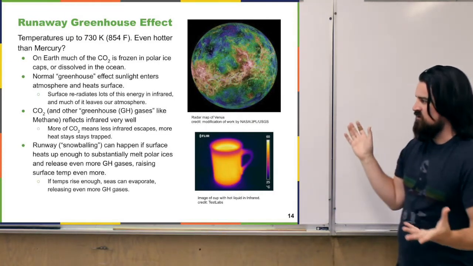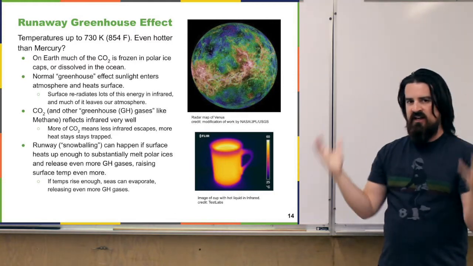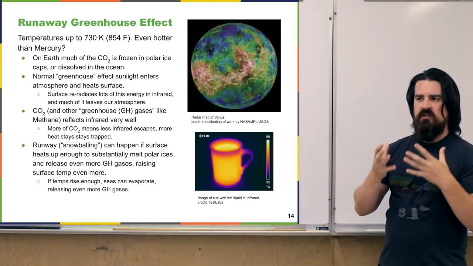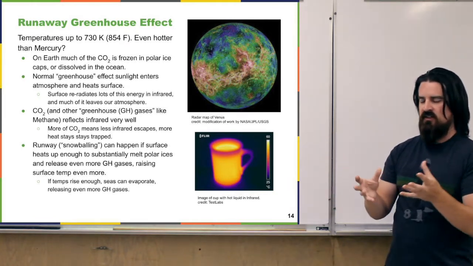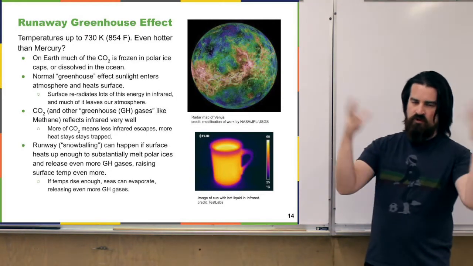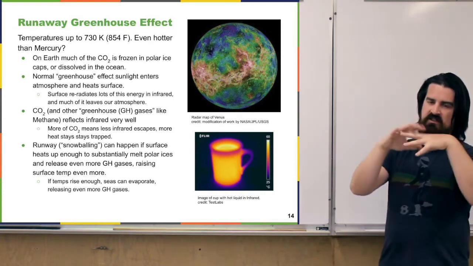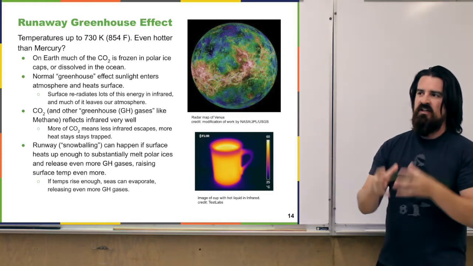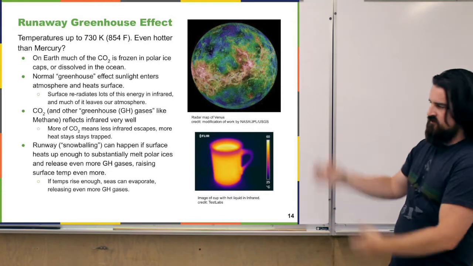And eventually you get to the point where there's so much CO2 in the atmosphere that the planet gets so warm that you can start to evaporate, like boil, the oceans, and then you're also releasing all the CO2 that's in the oceans too, and you're just getting hotter and hotter, boiling all the oceans away, all the liquids away on the planet. And what you end up with is an atmosphere with a very high content of CO2 and a planet that is incredibly hot and inhospitable: Venus.